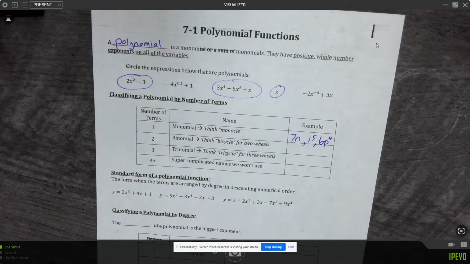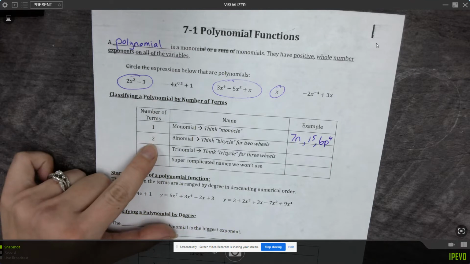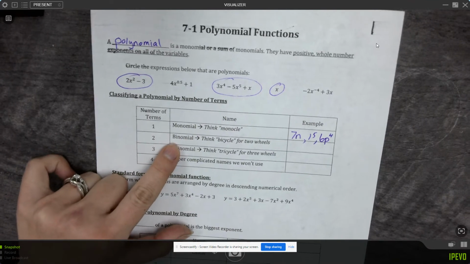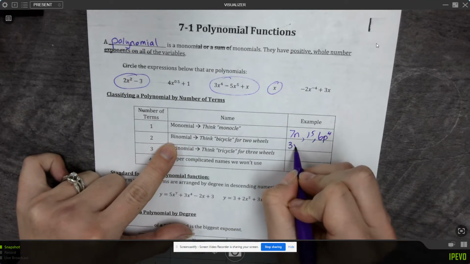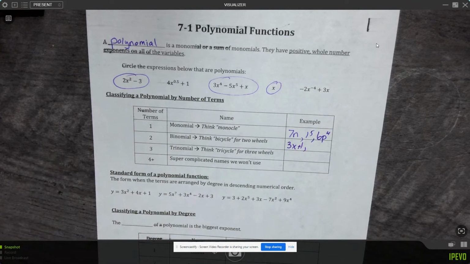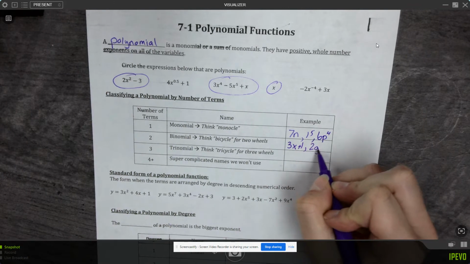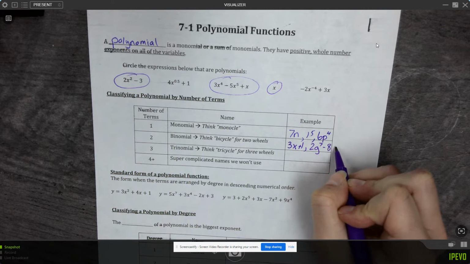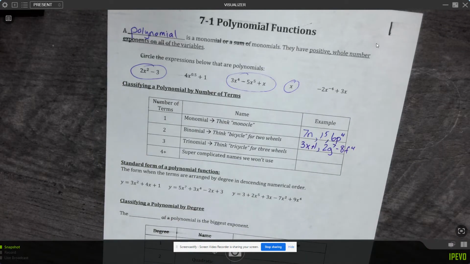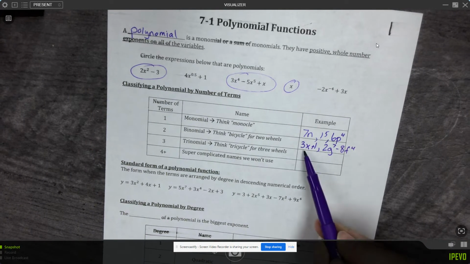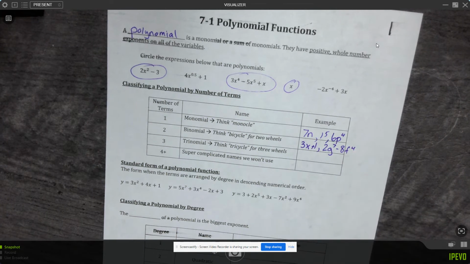Those are all single term polynomials. Those are all monomials. 2 terms are binomials. So that would be like 3x plus 1. 2g to the 7th minus 8f to the 4th. 2 terms, 1, 2, 1, 2.